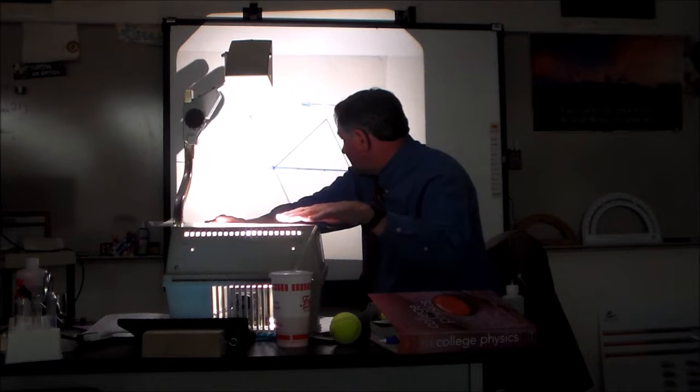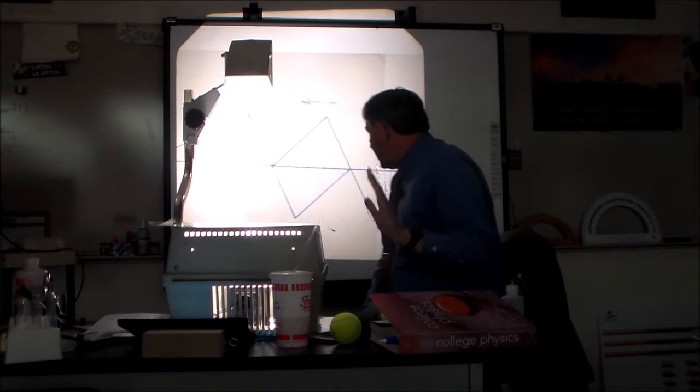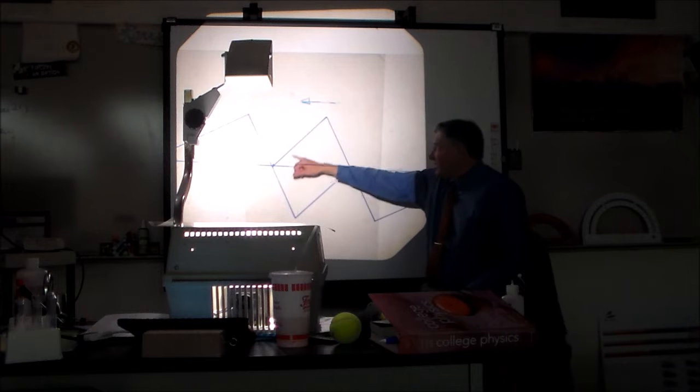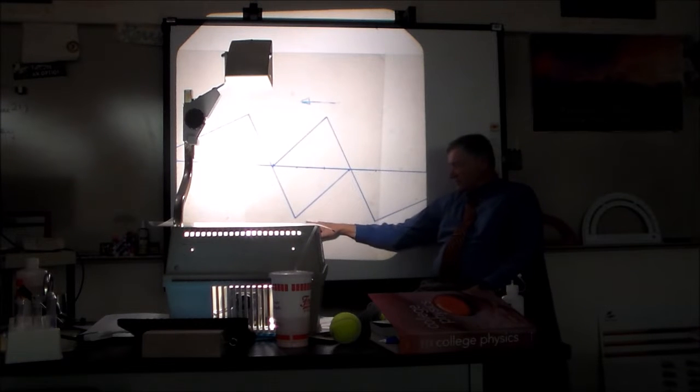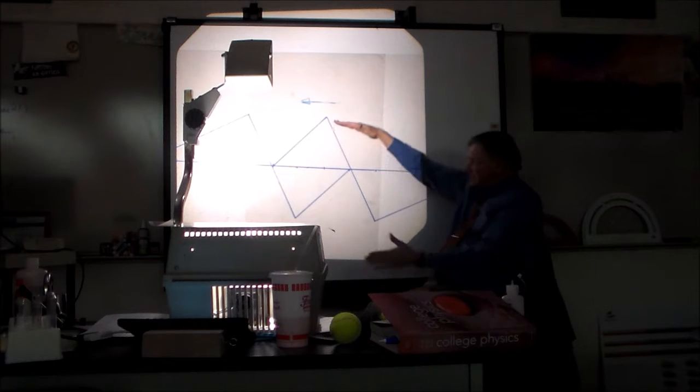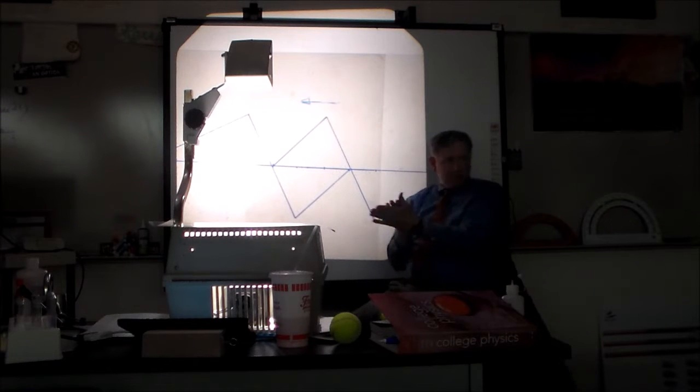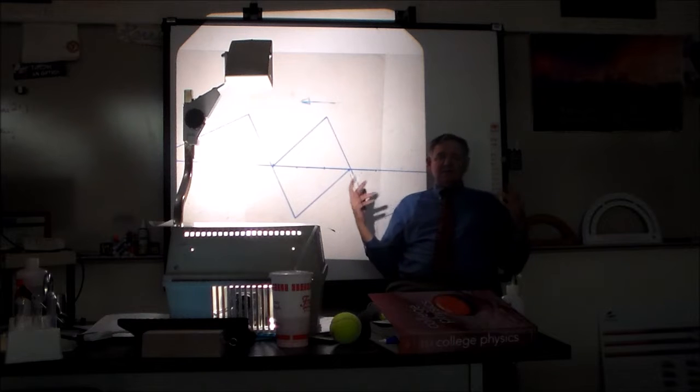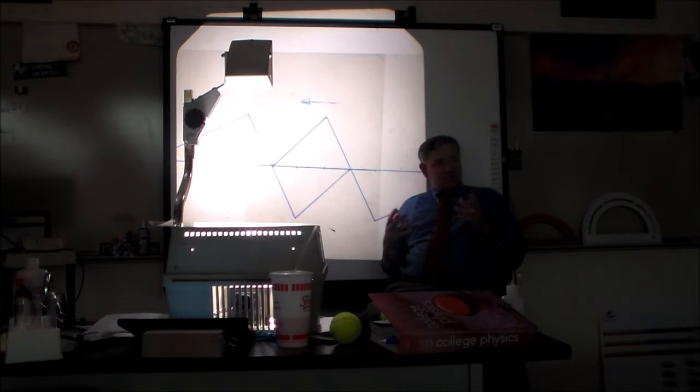You have this wave up here, you have this wave down here. So it's like an additive property. These would actually cancel each other out. So this would be a classic example of destructive interference.